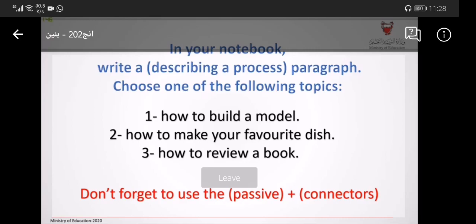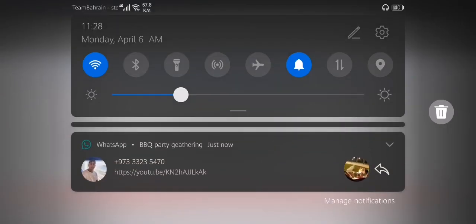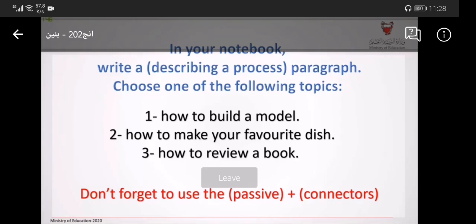Or for example, if we're talking about traditional dishes, we can say that people usually enjoy this dish in Ramadan and religious celebrations.